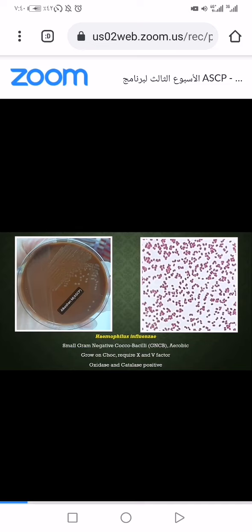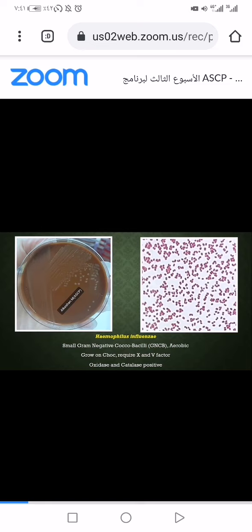When you start working on the CSF culture, you pick the blood agar plate and also the chocolate, and you open them. Most of the time, all the bacteria growing here must grow here also, because both are rich media. In the case of Hemophilus, you will find growth on the chocolate only, but on the blood there is no growth.